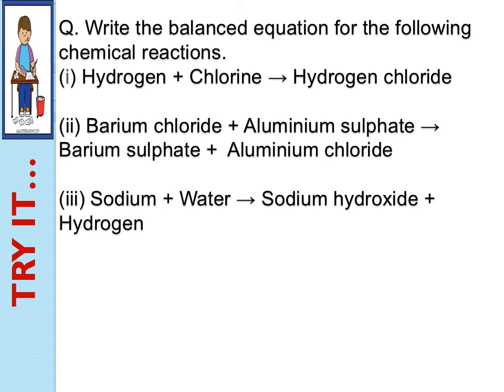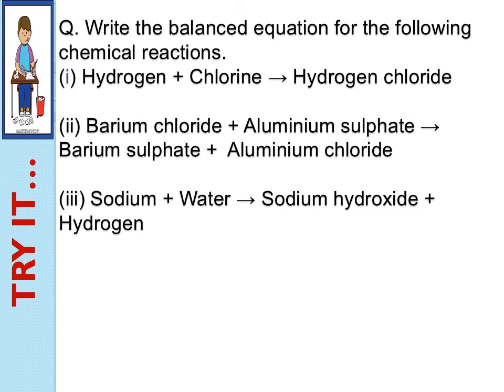Let us practice. Write the balanced equation for the following chemical reactions. Hydrogen plus chlorine giving us hydrogen chloride. Barium chloride reacts with aluminium sulfate to form barium sulfate and aluminium chloride. Sodium reacts with water to form sodium hydroxide and hydrogen.